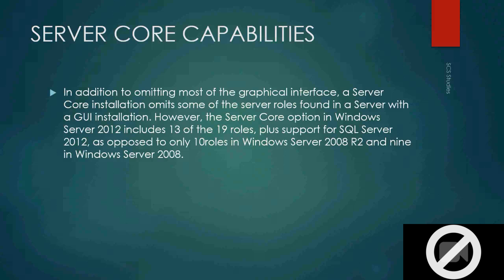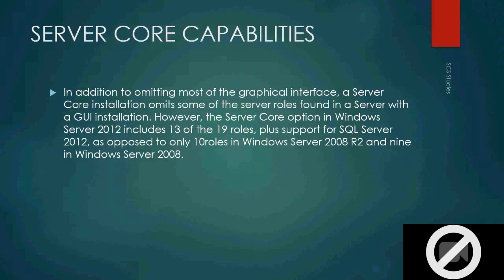Server core capabilities. In addition to optimizing most of the graphical interface, a server core installation omits some of the server roles found in a server with a GUI installation. However, the server core option in Windows Server 2012 includes 13 out of 19 roles.